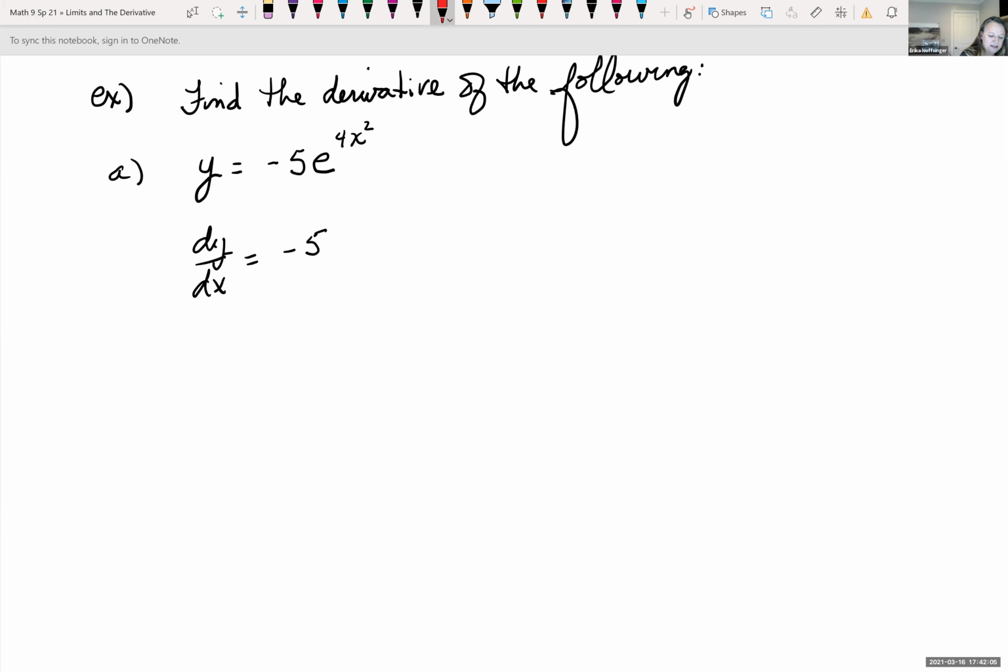And then we're going to take the derivative of our exponent, d dx of 4x squared, times the original function itself of that e. So the original function itself is just e raised to the 4x squared.